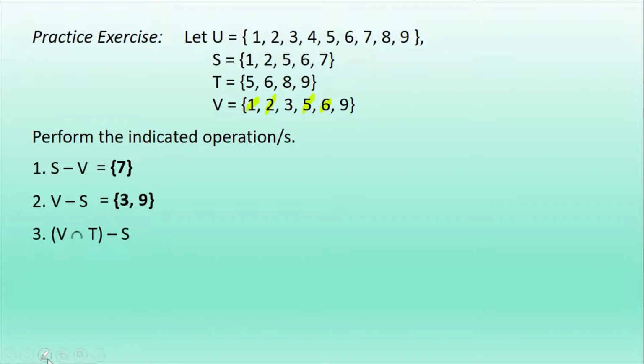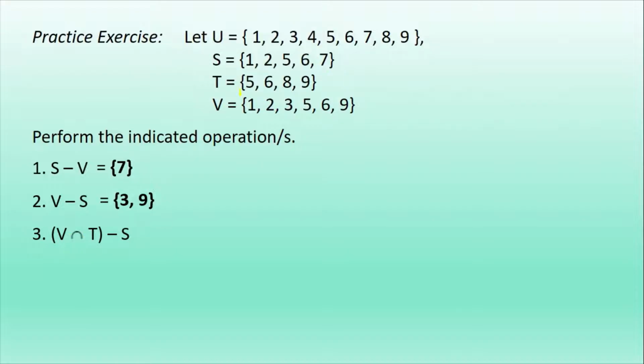Next. How about if we have V intersection T minus S? So una, kailangan muna nating i-perform yung intersection ng sets V and T bago tayo pumunta sa difference. So the intersection ng VT natin, intersection meaning common.